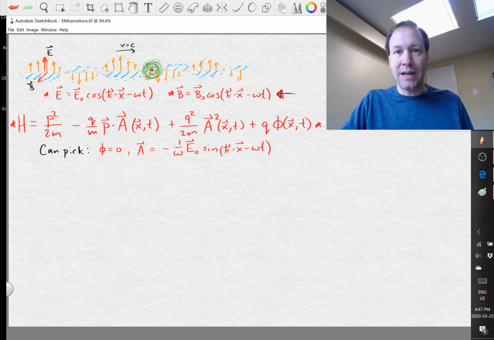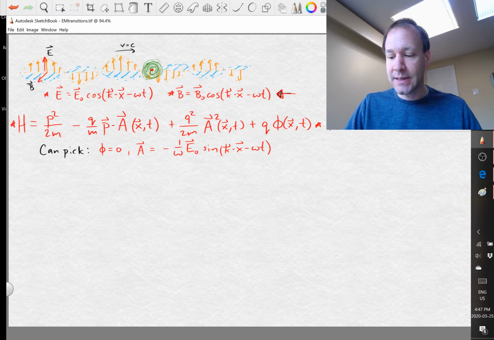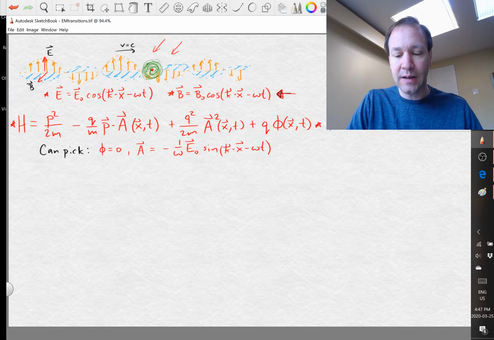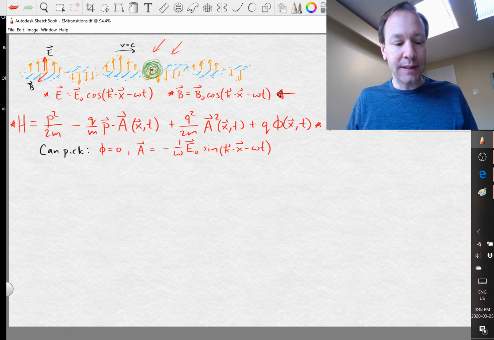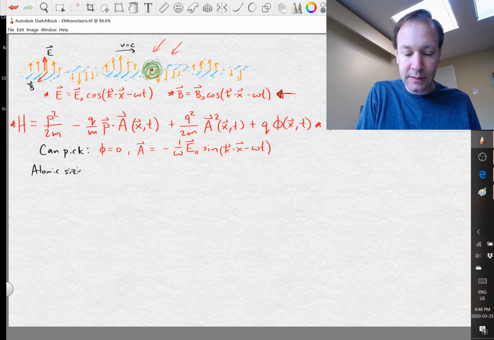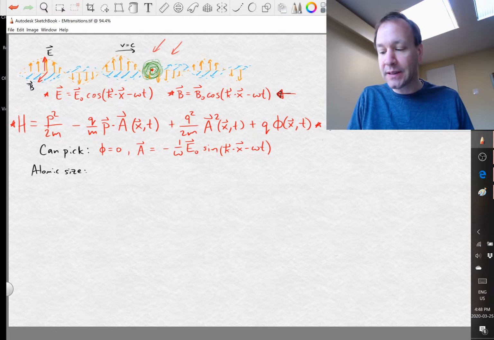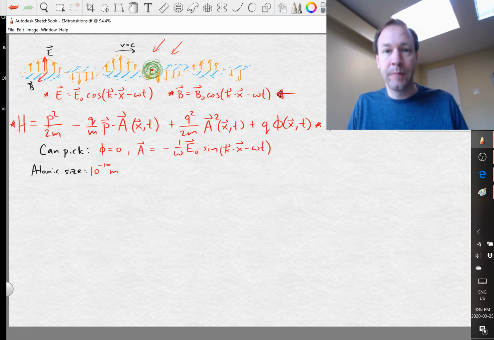that is often valid when we're talking about atomic and molecular systems interacting with electromagnetic radiation. The approximation stems from the fact that, unlike the picture that I've drawn above here, it's often the case that the wavelength is much, much longer than the size of the atom. So let's think about that. The atomic size, we're talking about something like 10 to the minus 10 meters.